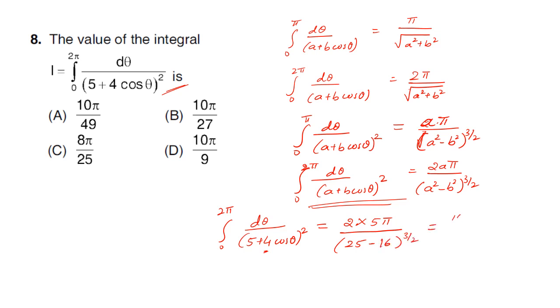That is 10π divided by (25 minus 16, that is 9) raised to 3 by 2. That is 10π divided by 9 means it is 3 square raised to 3 by 2. 2 and 2 cancels. 3 cube is 27. Option B is correct.